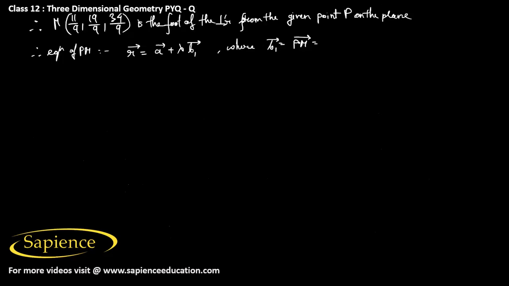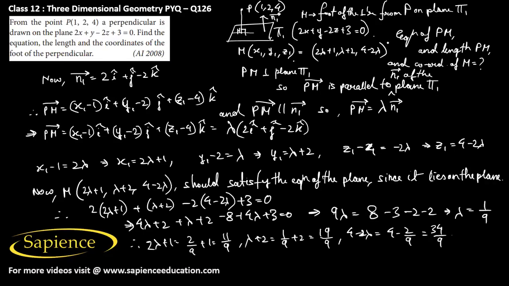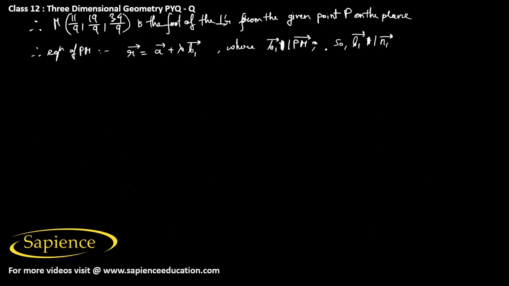So b1 vector is proportional to PM vector. It is actually parallel to PM vector, so b1 vector is parallel to n1 vector also. So therefore b1 vector we can take as 2i cap plus j cap minus 2k cap.